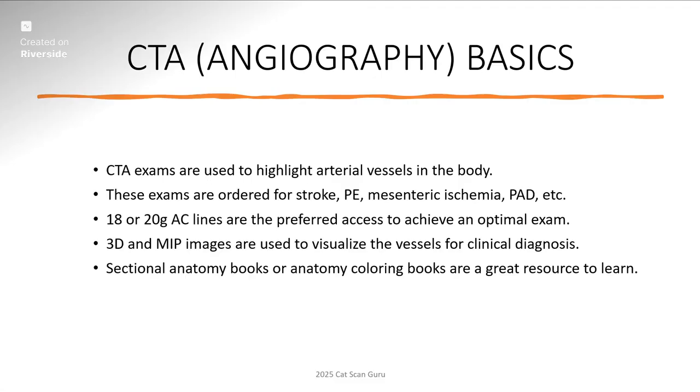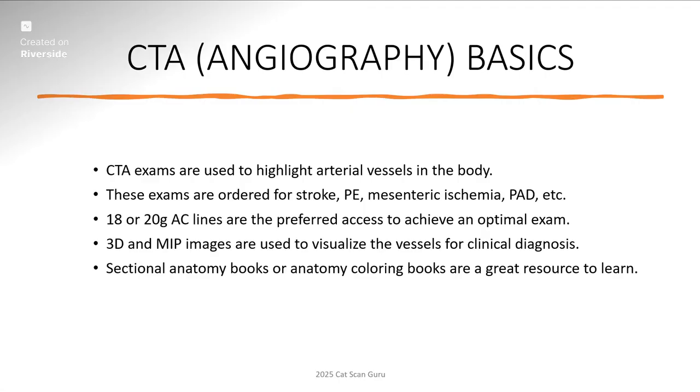Now, your 3D and MIP images are used to visualize the vessels for clinical diagnosis, okay? These are very important because we do these for just about any CTA exam. Standard practice, standard procedure, and radiologists really want us to make sure that we do these.